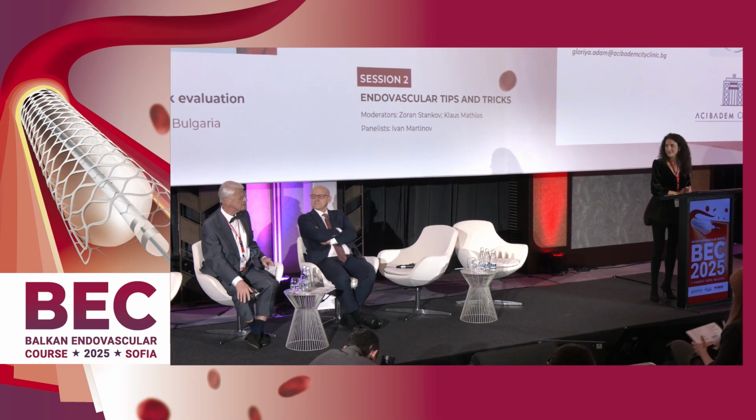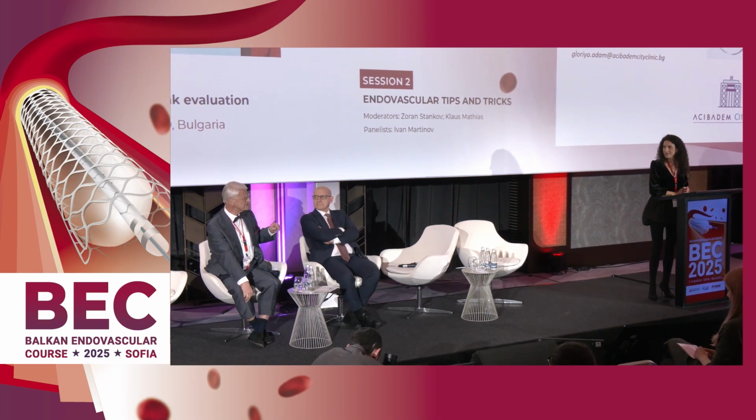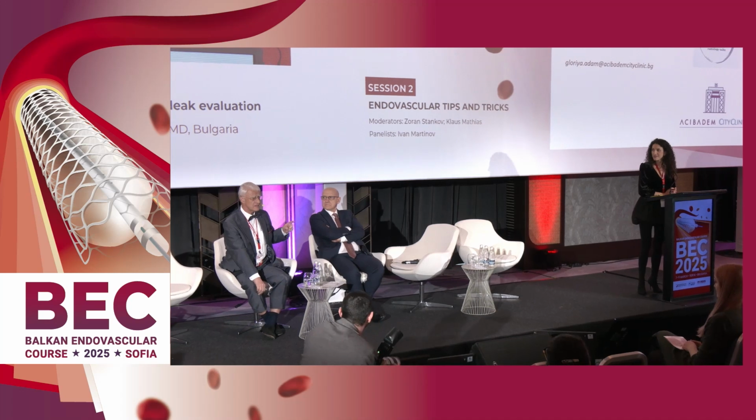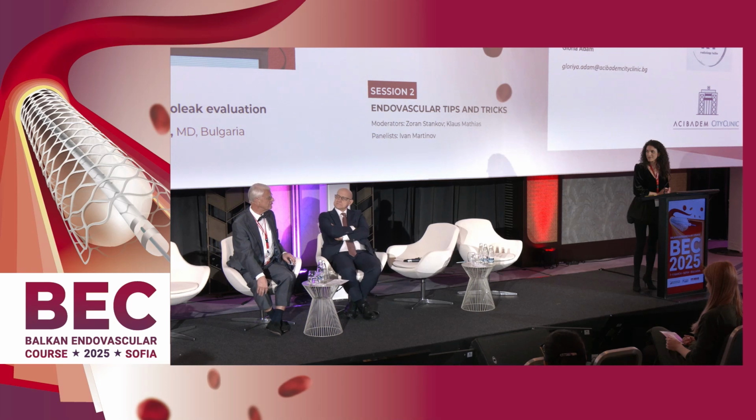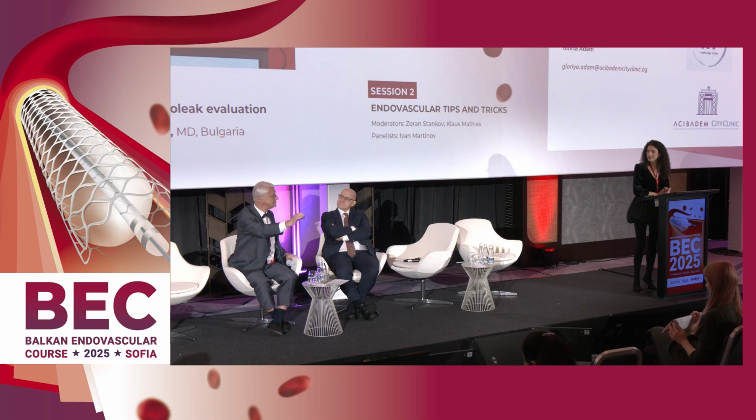Perhaps I will, because that is a session, tips and tricks, I will give a tip because I'm a lazy guy. Sometimes I was not able to find the feeding artery branch in a type 2. And what did I do then? I placed the patient in the CT unit, punctured directly, and injected glue.